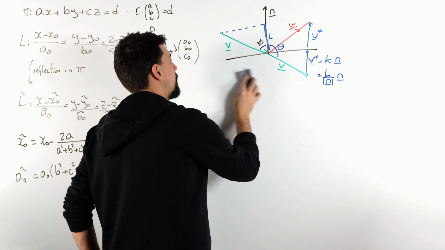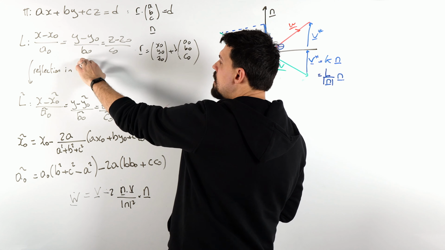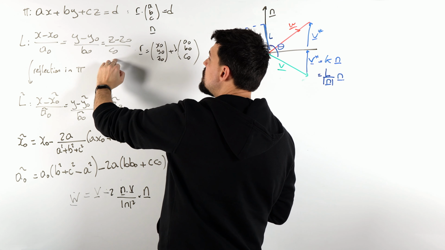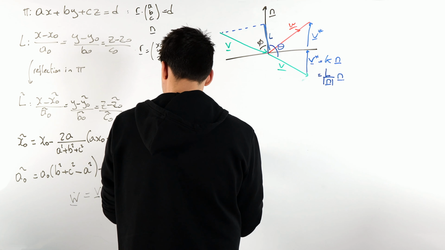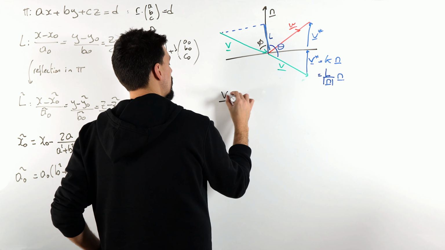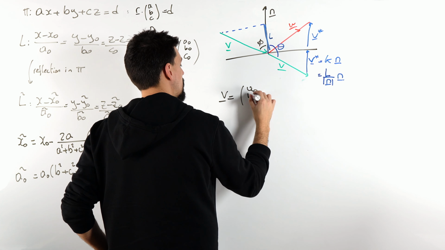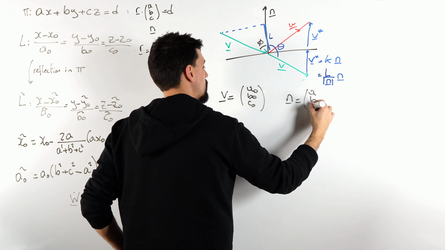Right. Let's bring all of that into here. So we want to reflect a0, b0, c0 in a plane with normal vector a, b, c. So all we need to do is use this, where v is a0, b0, c0 and n is a, b, c.